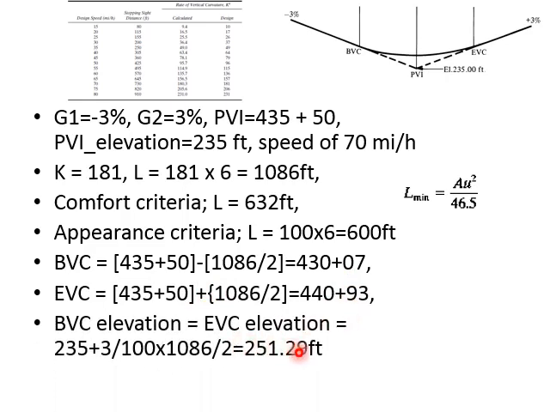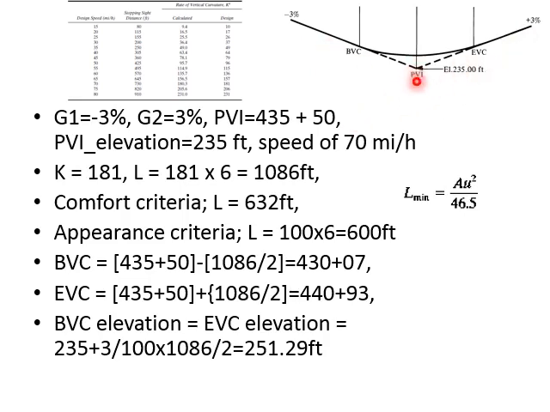Then for elevation, the distance between PVI and BVC and PVI and EVC is the same, half of the length. We just did it here. Now the distance is the same, and if you look at the gradients, they are also the same. Both of them are 3%. And if you look from PVI, in both directions you are going up, right?